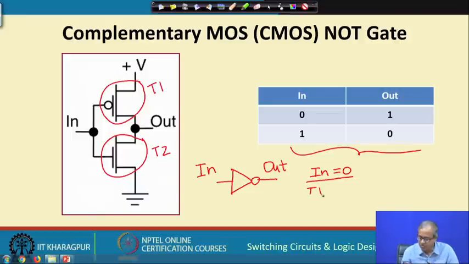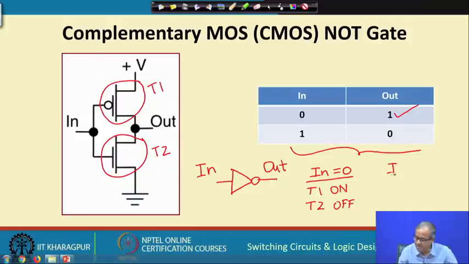So T1 will be on and T2 will be off. What does this mean? T2 is off, so from out to ground there is no connection, but T1 is on, so plus V is connected to the output, which means the output will be high voltage, that is why the output is 1.